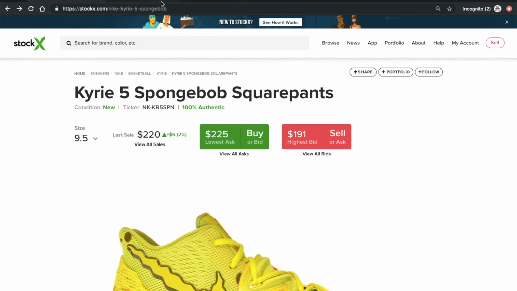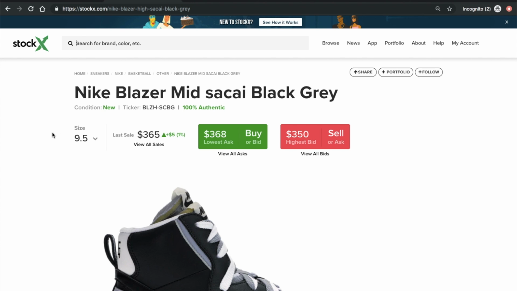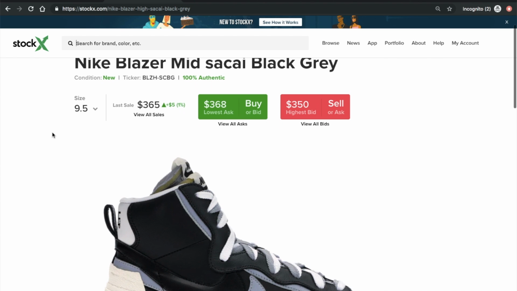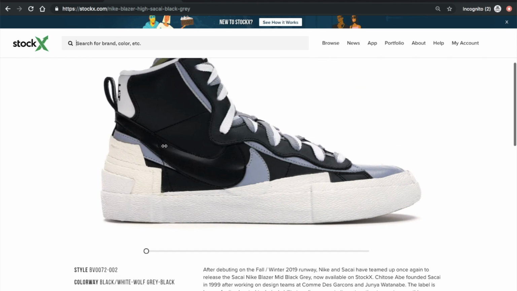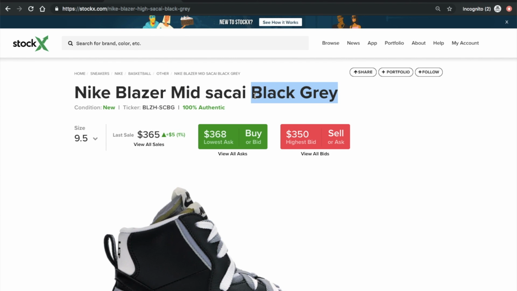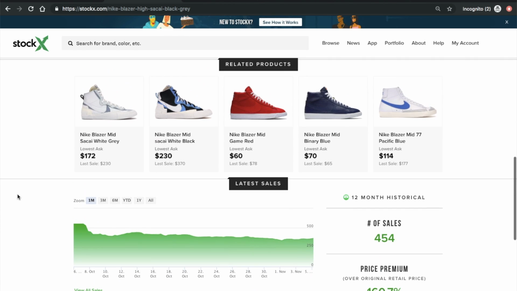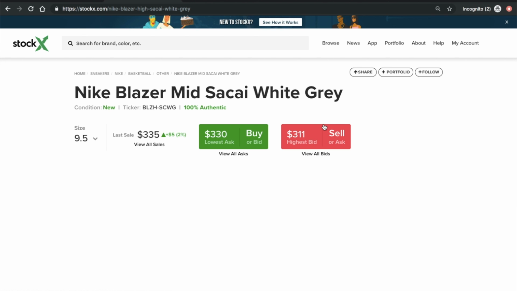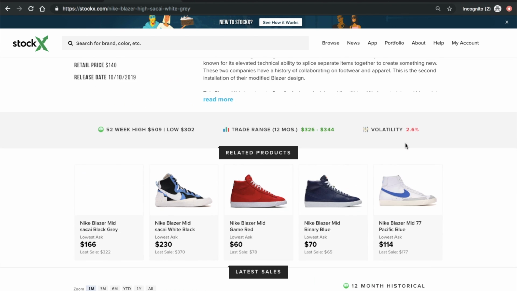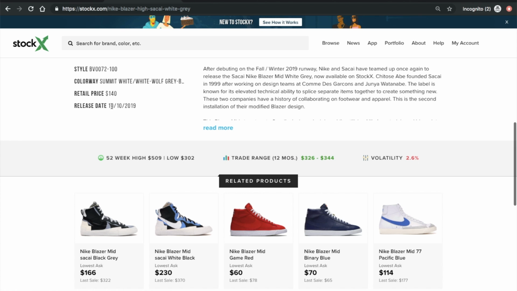So with that in mind, I want to talk about the first shoe that I have my sight on, and that is the Sacai Blazer, specifically in the gray or in the black gray colorway, as well as the white gray colorways, okay? So these two Sacai Blazers released a month ago, okay?